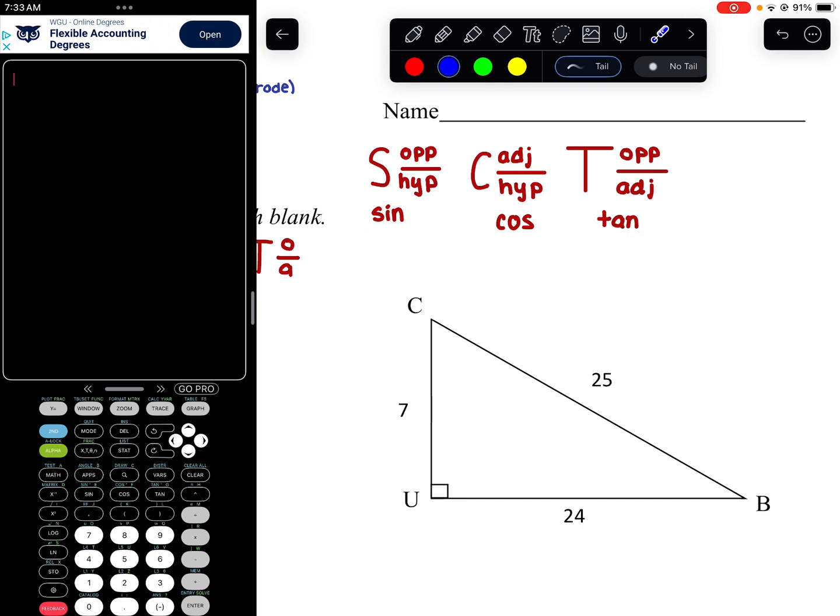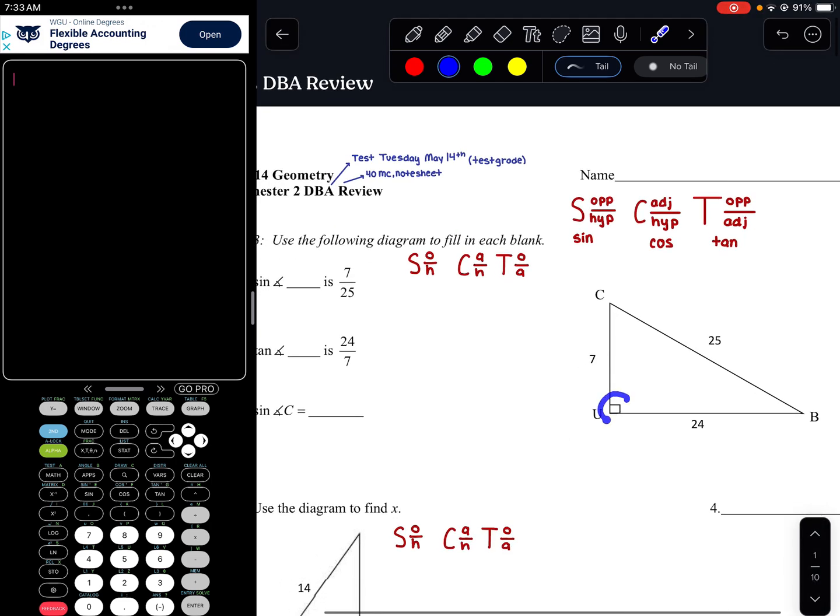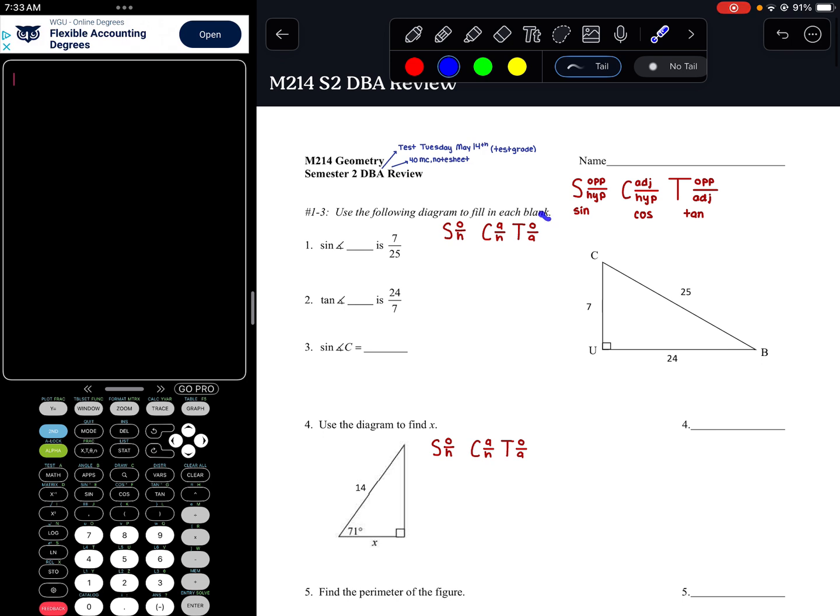Remember, this helped us solve for missing sides and missing angles in a right triangle, a triangle with a right angle. In order to use your acronym of SOH CAH TOA, you have to remember that O stands for opposite, A stands for adjacent, and H stands for hypotenuse.